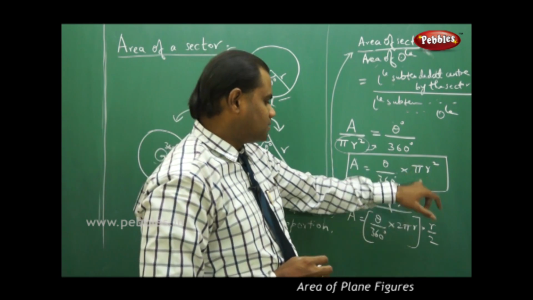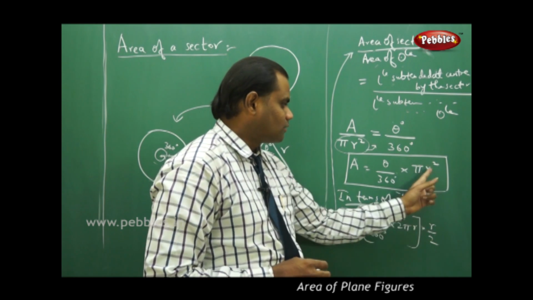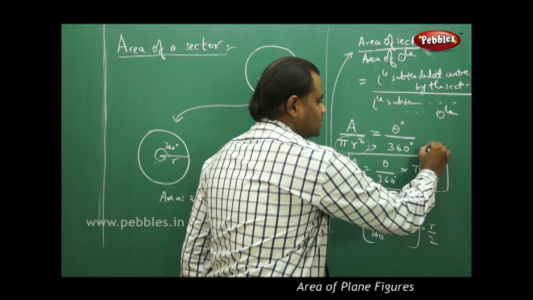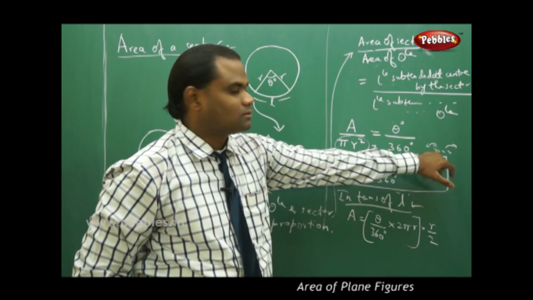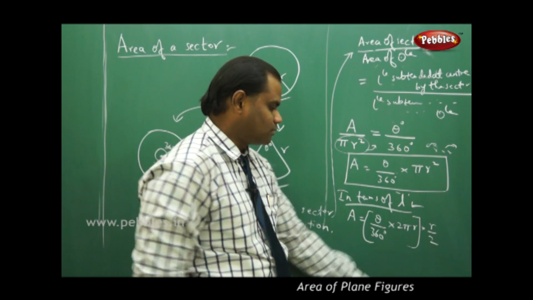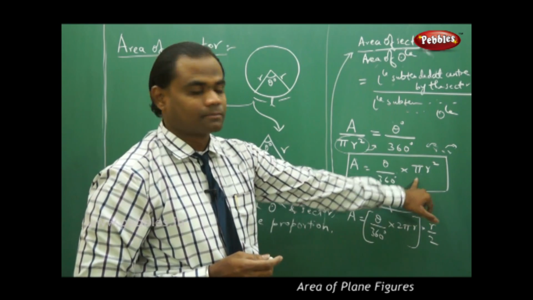I multiplied and divided by 2, with one of the r taken along with pi inside and one of the r taken out. So r square is written as r times r, and this is how I obtain theta by 360 into 2 pi r times r by 2. With the 2 cancelling, I get back the same original.